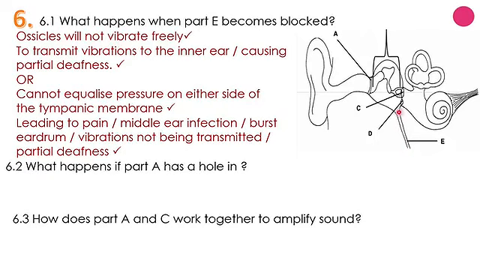Because the pressure cannot be the same on both sides of our tympanic membrane, because this tube is then blocked. Now suddenly it cannot vibrate freely, and that causes us to become partially deaf, or we can't hear as nicely. So the ossicles will not vibrate freely to transmit vibrations to the inner ear, and it causes then partial deafness.